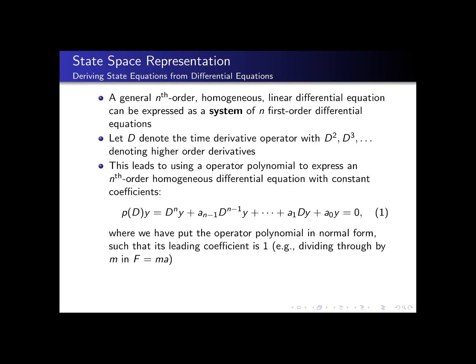So you see this equation here with D to the nth power operating on y plus a sub n minus 1 times D to the n minus first power operating on y, and so forth. We set that equal to 0 because this is a homogeneous equation. Also, since this is a homogeneous equation, we can solve for D to the nth power on y, because that is primarily the differential equation.